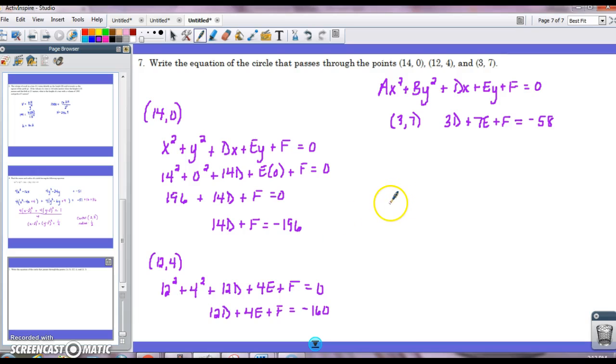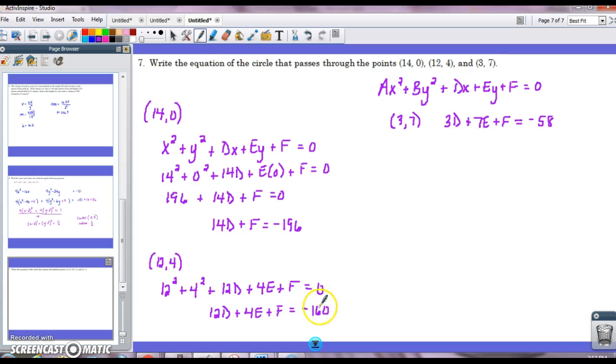What I would do first is, we could really do anything. This equation already has d and f in it, so if I look at this equation up here and this equation down here, and I eliminate the e's, then I'll have an equation with d and f in it.